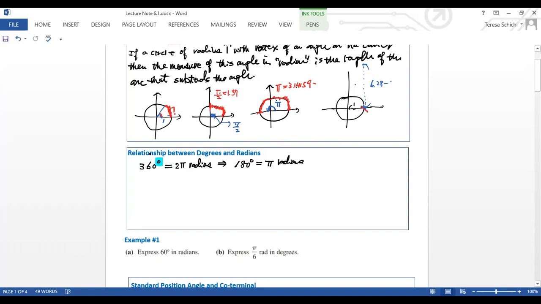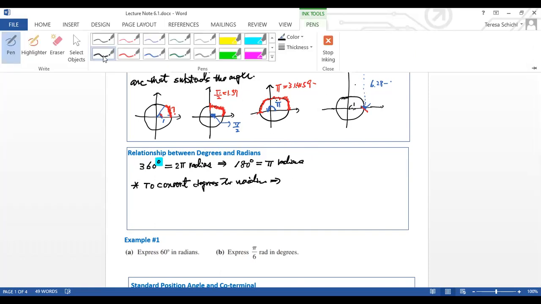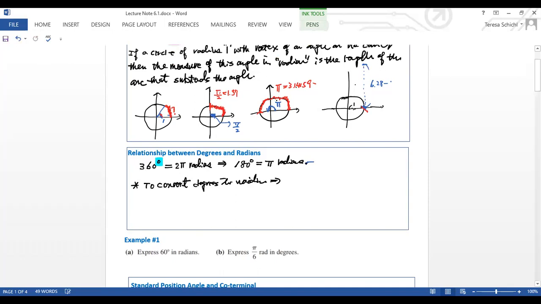Now if you want to convert degrees to radians, you simplify this a little bit, so 1 degree is equal to pi radians divided by 180.